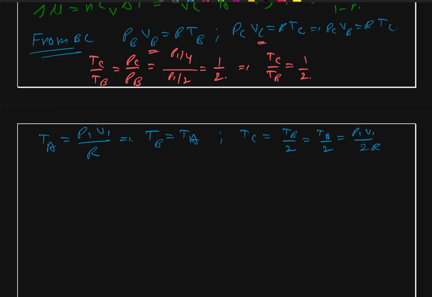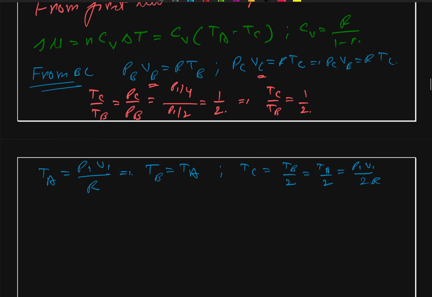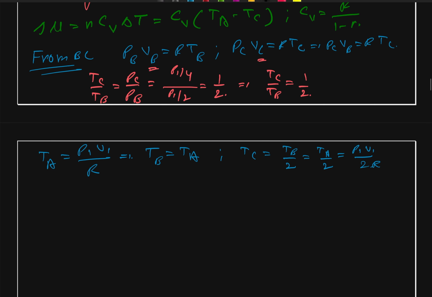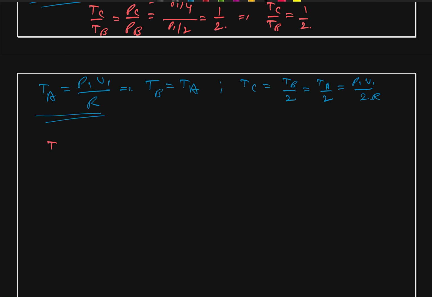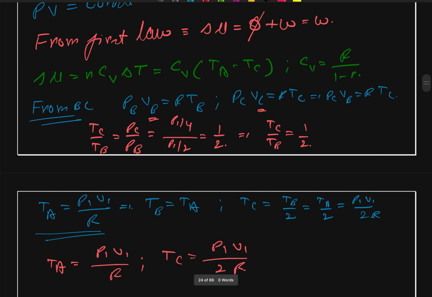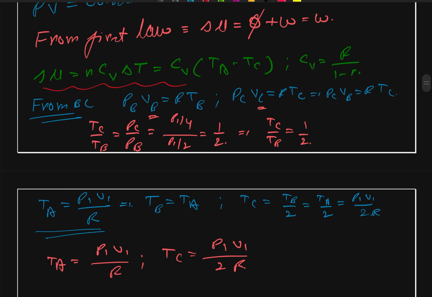Now we can use them in the given equation. I have written that my TA is equal to P1 V1 upon R, and my TC is equal to P1 V1 upon twice R. So here we can just substitute them in this particular equation.